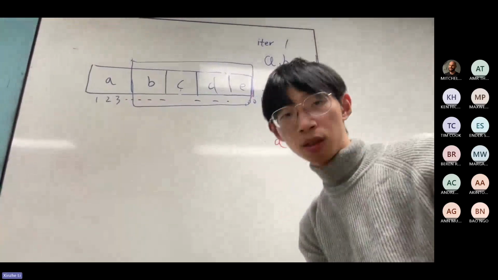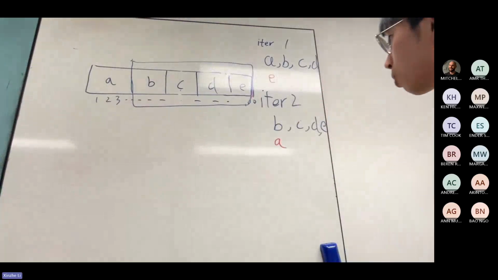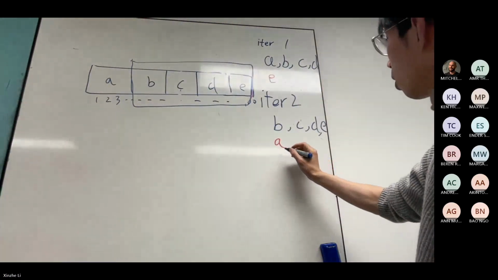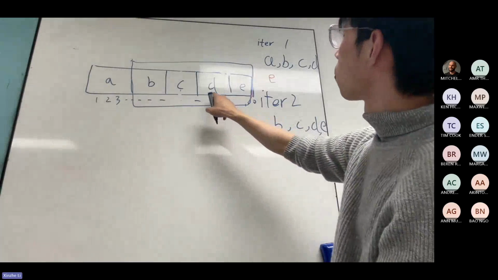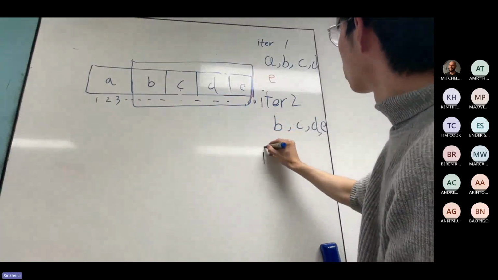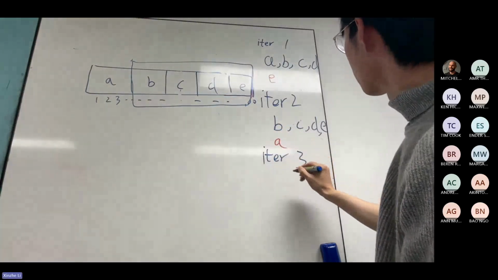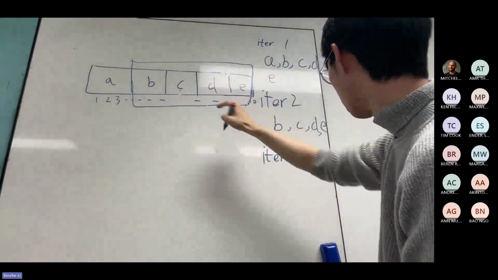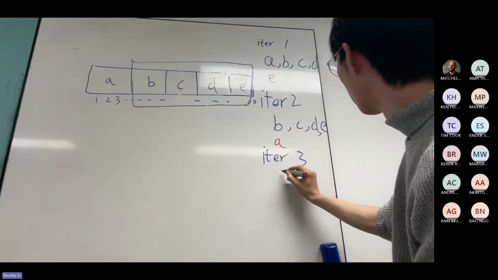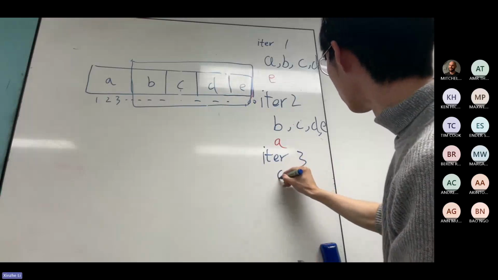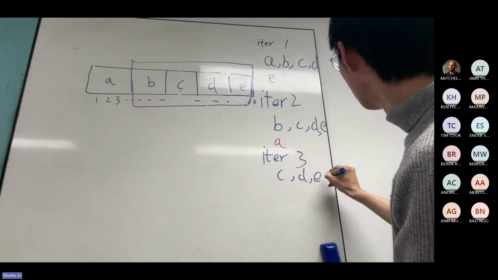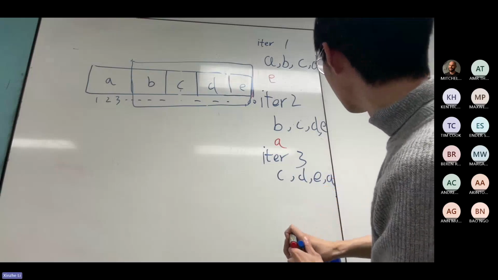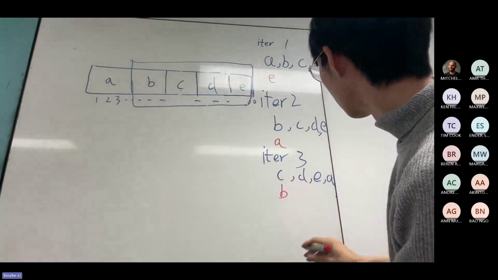Can you see that? If you can't see that, just tell me. Okay, so now iteration 3. I think I don't need to draw something on this graph. You can directly guess what I will do. I will do C, D, E, A for training, and I use B for testing.